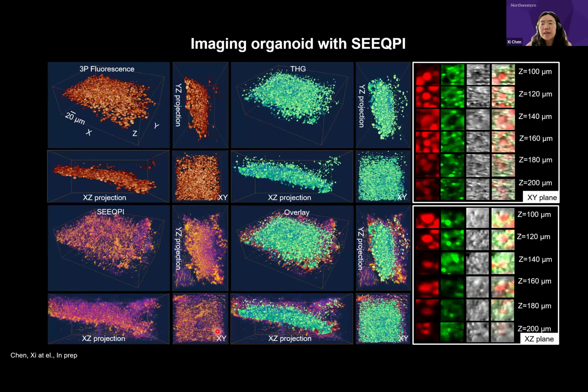And the last one is the overlay of all the signals. When we zoom in to the individual cells, this red channel is the 3-photon channel, the green channel is THG, and the gray level is CQPI, and then the last column is an overlay. We can look at the single cell morphology using CQPI, and we can also see the nucleus of the cells in the CQPI.